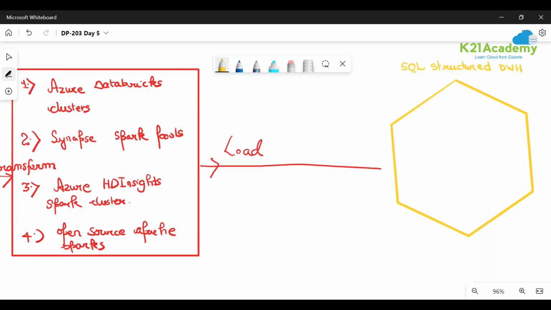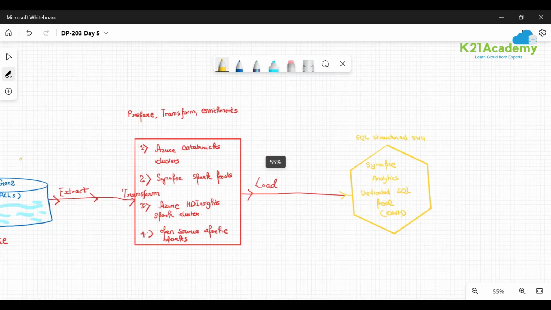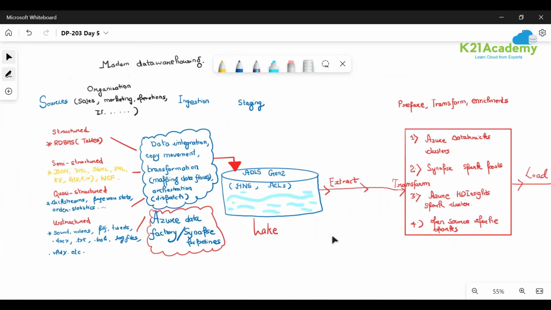We're going to load it to the data warehouse, and that is Synapse Analytics dedicated SQL pool. That's nothing but a warehouse. If someone says data warehouse, that is nothing but Synapse Analytics dedicated SQL pool. You load it in here, in the MDW. This is modern data warehousing, MDW.